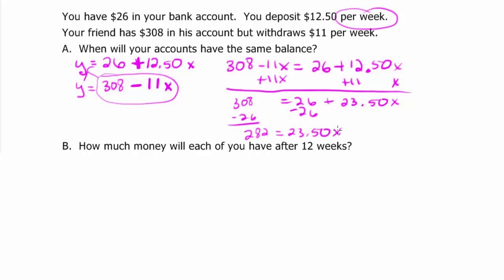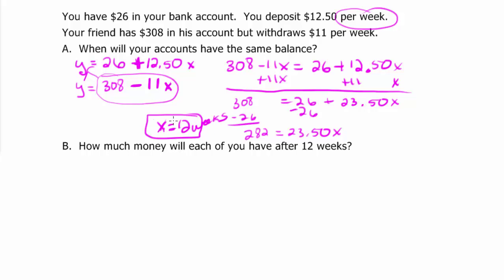So 282 divided by 23.5 is going to give you 12. Okay, so that means that in 12 weeks, you'll have the same amount.